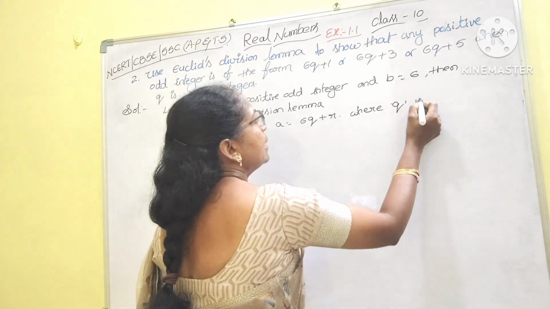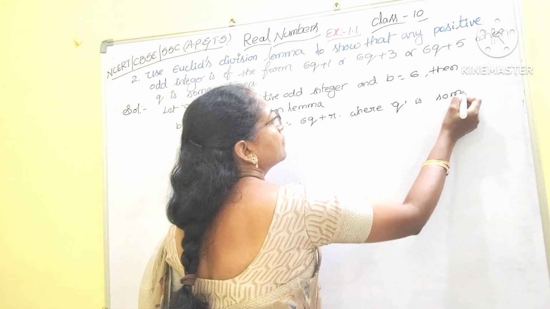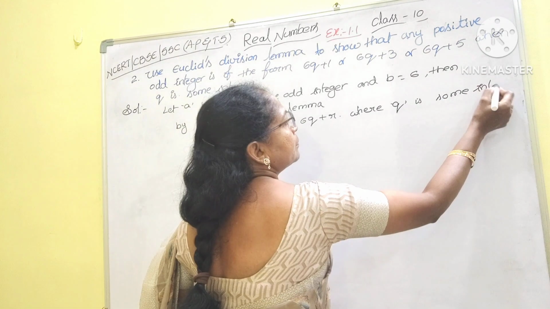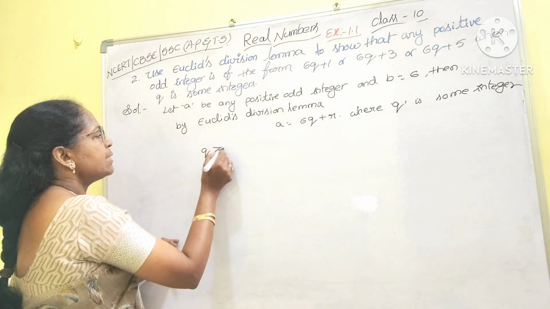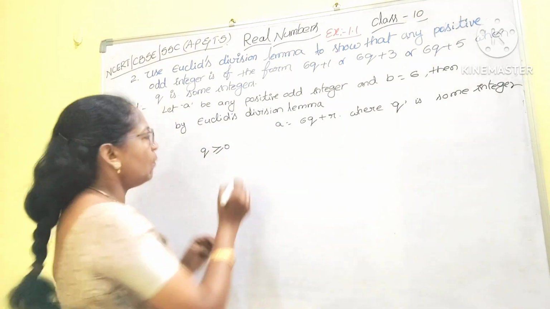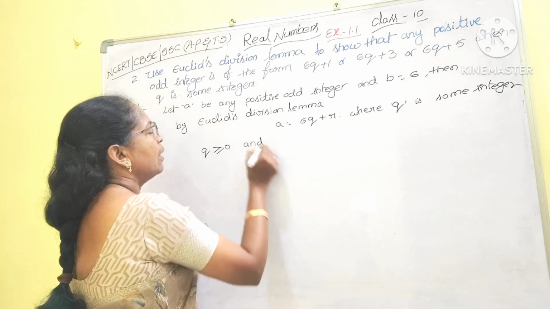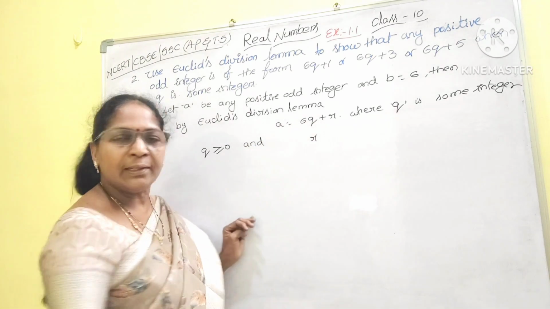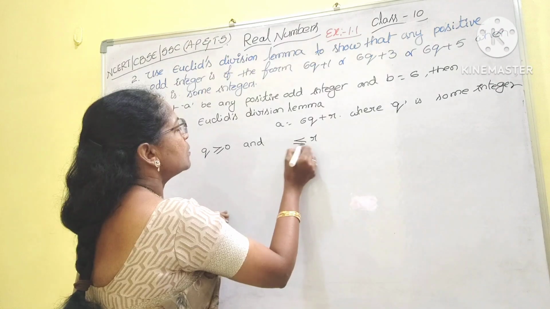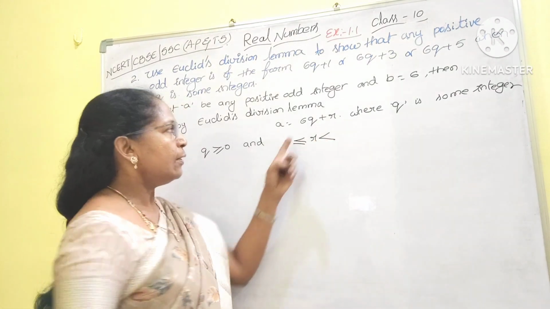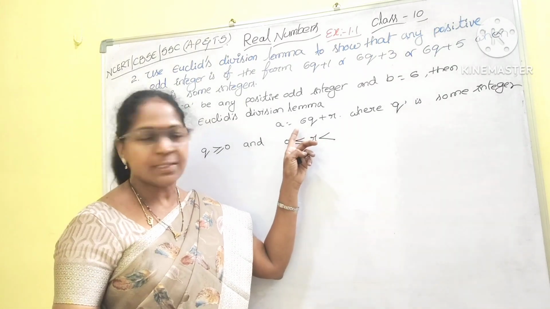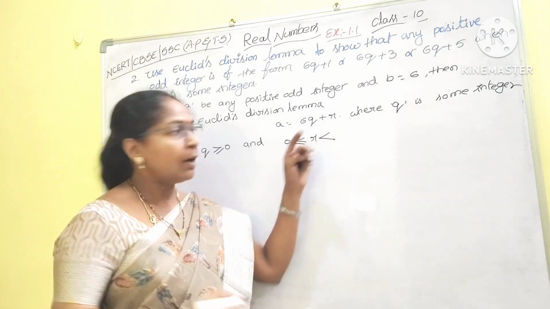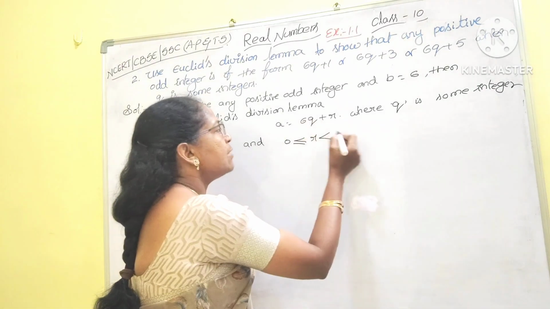The Q value is always greater than or equal to 0, and the remainder R is greater than or equal to 0 and less than the divisor, sorry, not quotient, the divisor, the B value. What is the divisor here? 6.